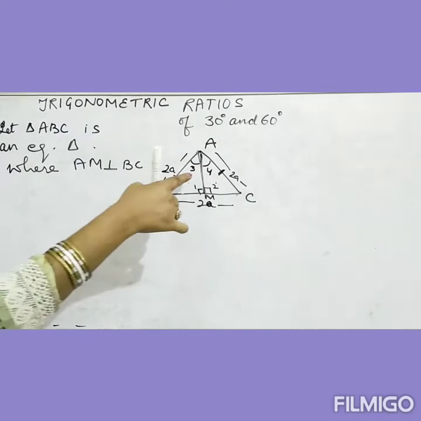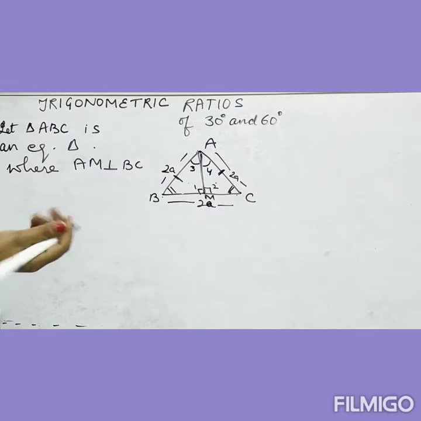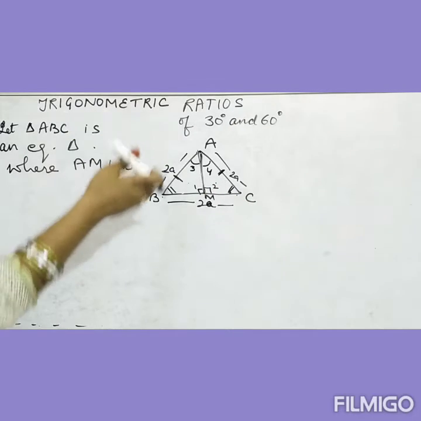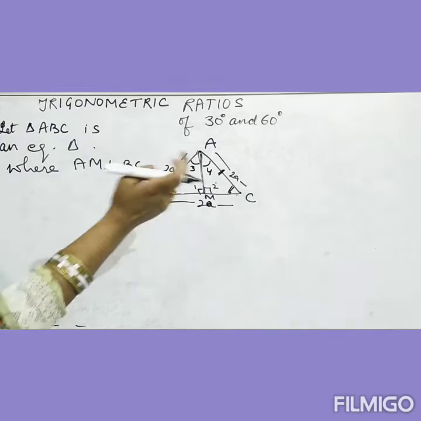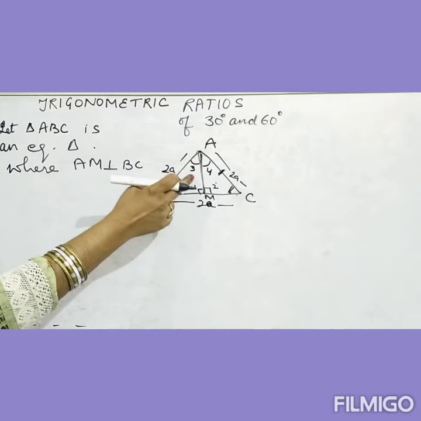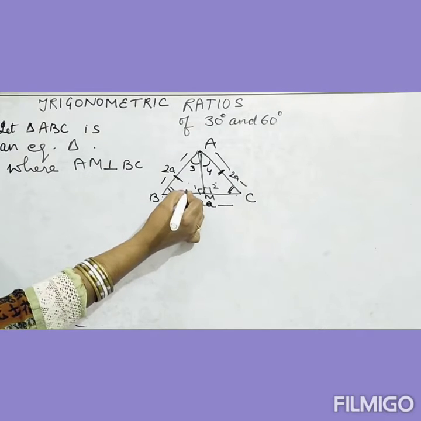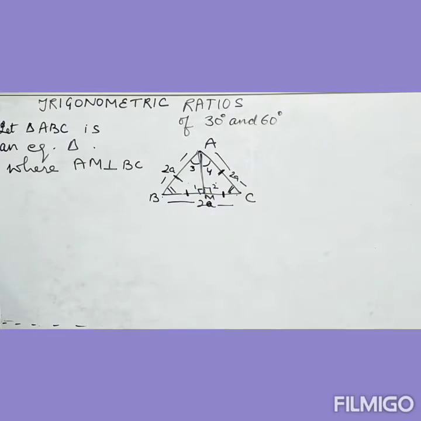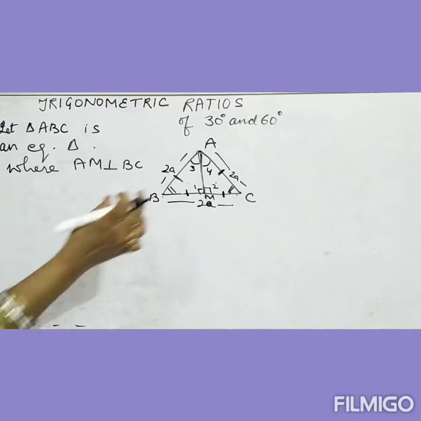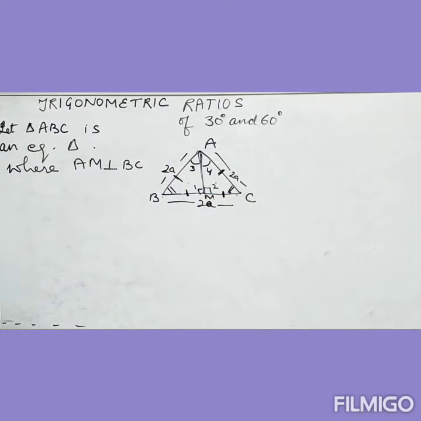Also, these angles are equal, but we have angle B equal to C already. They are equal because in an equilateral triangle, each angle is of 60 degrees. So angle 3 is equal to angle 4 here. Also BM is equal to MC. By CPCT we have taken two things, BM equal to MC and angle 3 equal to angle 4, right?